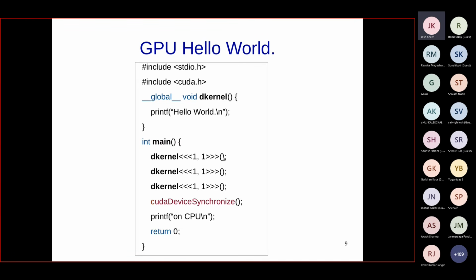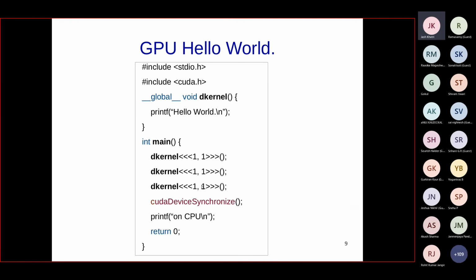The CPU will launch this kernel, meaning it will load this kernel into something known as a queue. Then it will move on and load this kernel into the queue, and so on. The queue is a FIFO data structure, so the kernel loaded first into the queue will be executed first by the GPU, then the second kernel, and then the third.